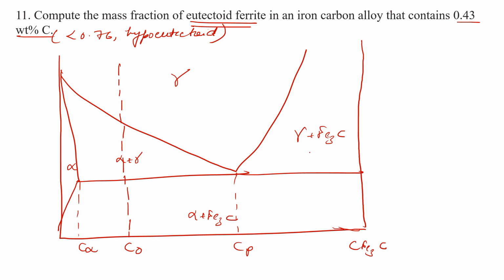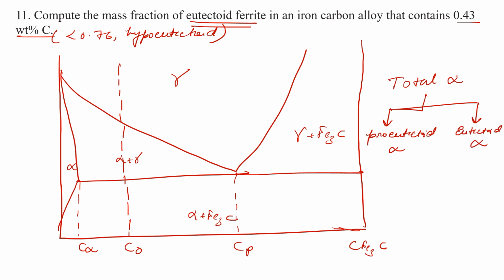So you can see that first of all we need to find the total ferrite, and then we subtract, because total ferrite is basically distributed in pro-eutectoid ferrite and eutectoid ferrite, right? So we just need to deduct pro-eutectoid ferrite from total ferrite to get the eutectoid ferrite.